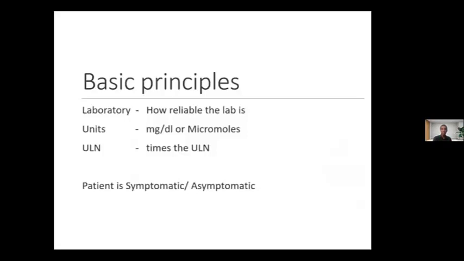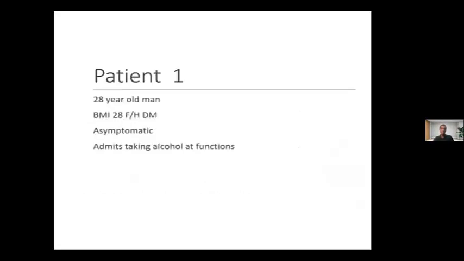And it is important to know the upper limit of normal, because most of the time various labs give various upper limits, where the interpretation may be different. The other thing you want to know is whether the patient is symptomatic or asymptomatic, where your management will differ.